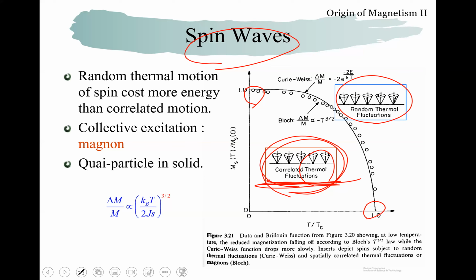Not only is this true for the spins, but for the crystal lattice, when the atoms start to vibrate by thermal motion, instead of being really random, they make such a correlated motion. This is called the phonon, and this is called the magnon. For such excitation, we can make a quantization, and you can use a fuzzy particle called the magnon to explain many things.